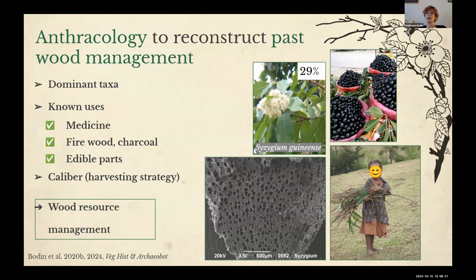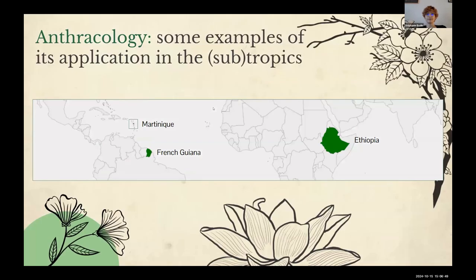So it's a small caliber wood. And so it says also that past people were rather collecting twigs, small branches, and not cutting big trunks to have wood. So all of that gives information about wood resource management.